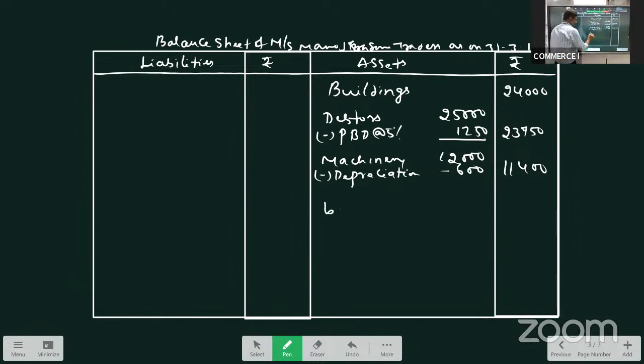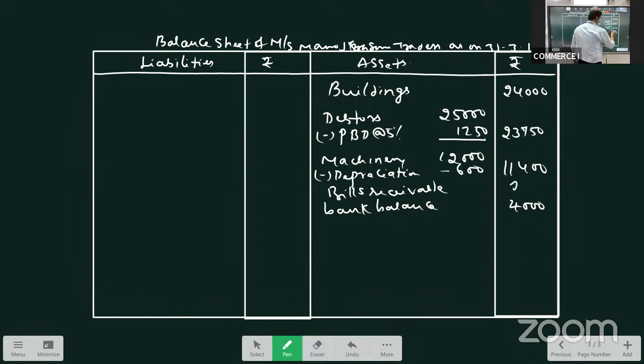Bank balance is an asset. 4,000. Bills receivable are given as 2,000. Then cash. Cash is given as 1,300.